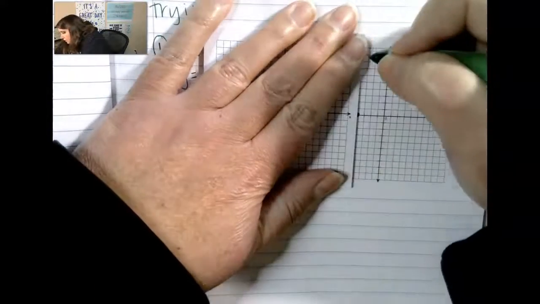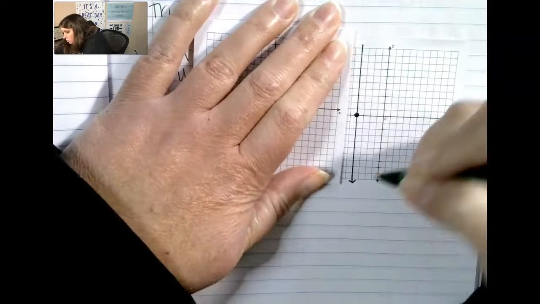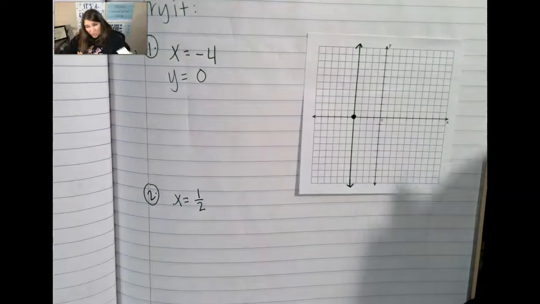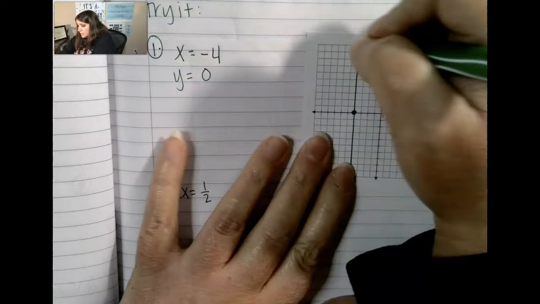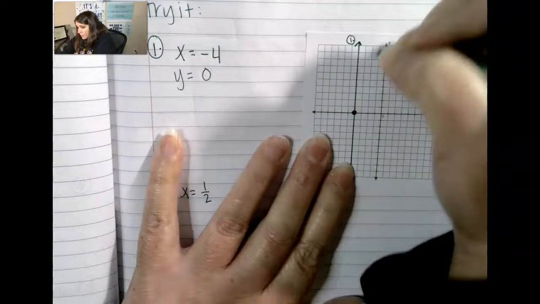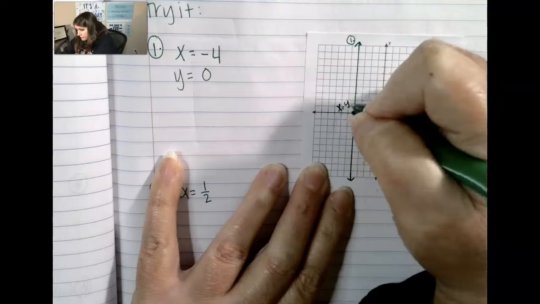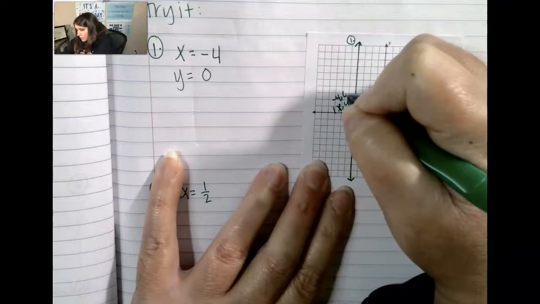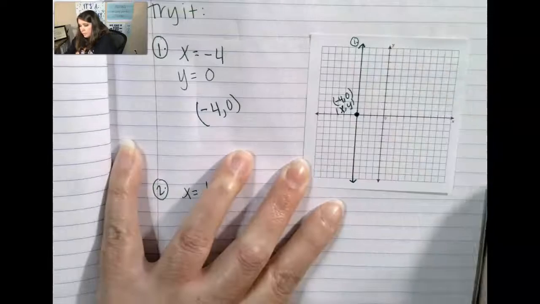Y can include anything: +8, -92, +833. I really don't want to count that high, but again, it could be any of these things. So right here, this is line number 1. This is x comma y. We have -4, 0. So our ordered pair is -4, 0.